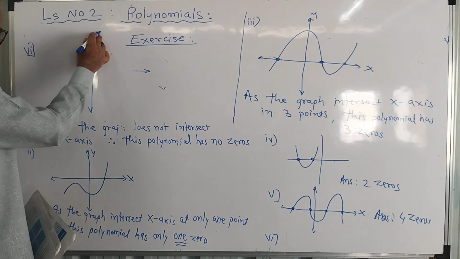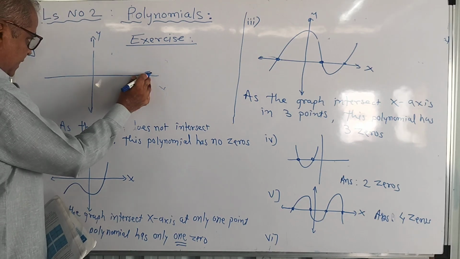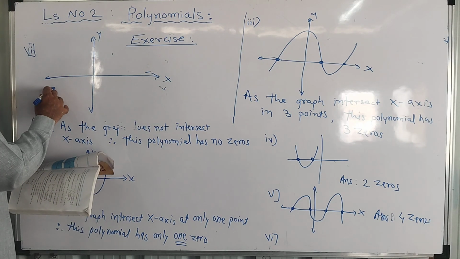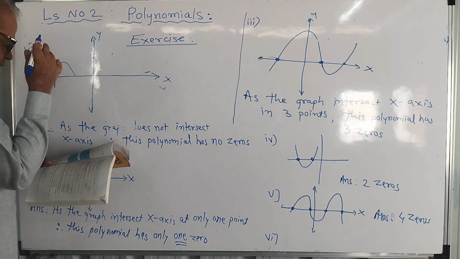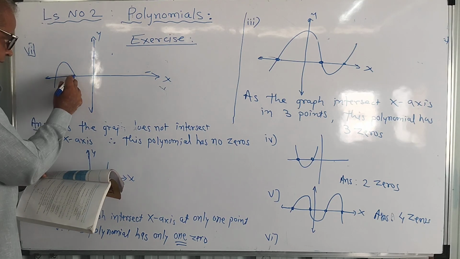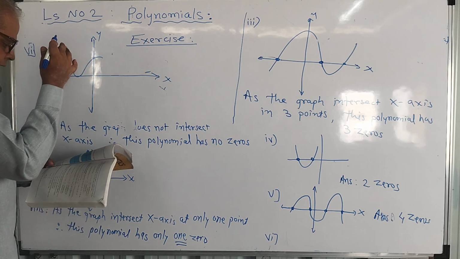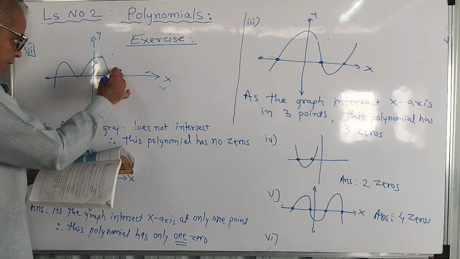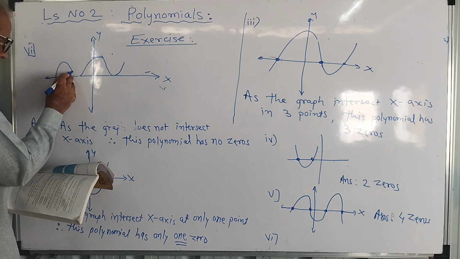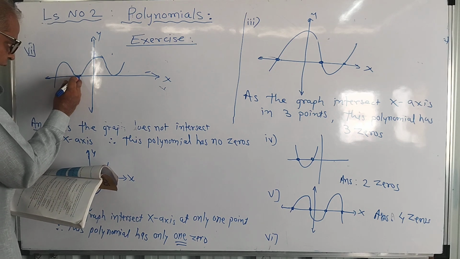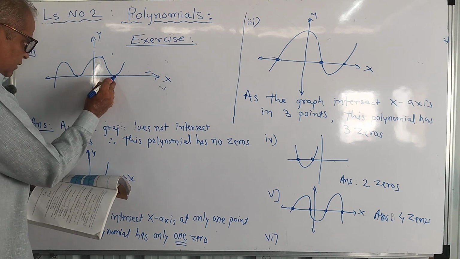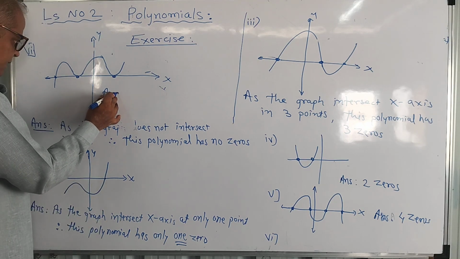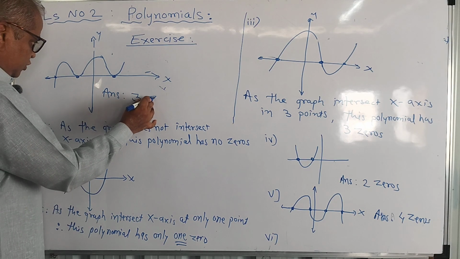Y-axis, x-axis, and the graph is here. It touches the x-axis and again it touches the x-axis. Actually it touches here at only 1 point. So this is 1, 2 and 3. So the answer is 3 zeros.